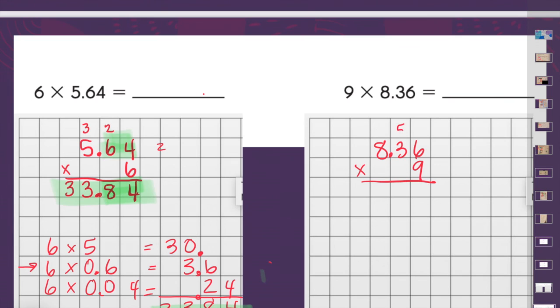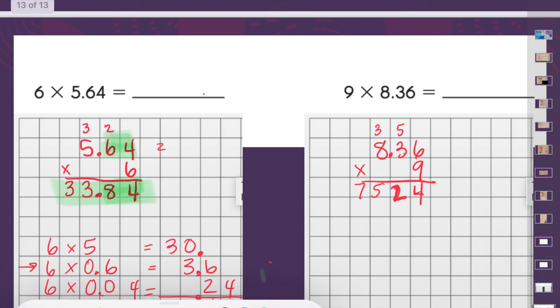And 9 times 6 is 54. 5 up top, 4 below, 54. 9 times 3 is 27, plus 5, 32. 3 up top, 2 down below, 32. And 9 times 8 is 72, plus 3 is 75.